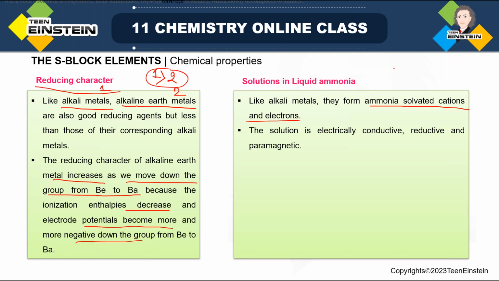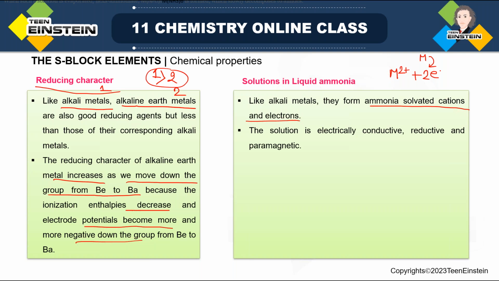Ammonia solvated cation means, suppose you consider any group 2 element, I am writing in general M2+ cation. When it is losing 2 electrons, it will be converted to M2+ and 2 electrons. That is, this is the metal, and when it loses 2 electrons, it is converted to the cation having 2 positive charges, and 2 electrons will be there. So this is the cation.